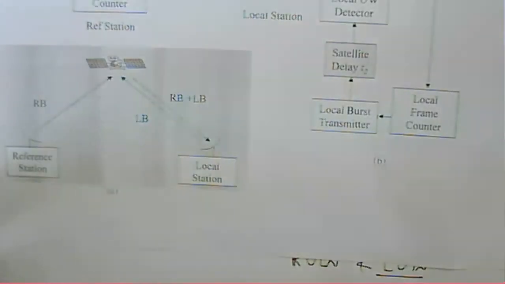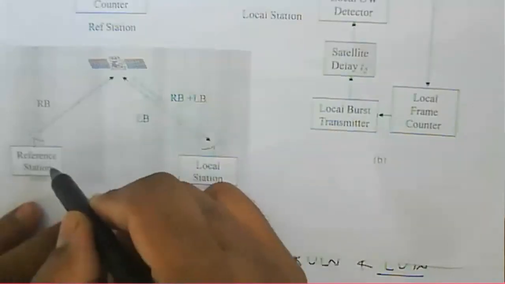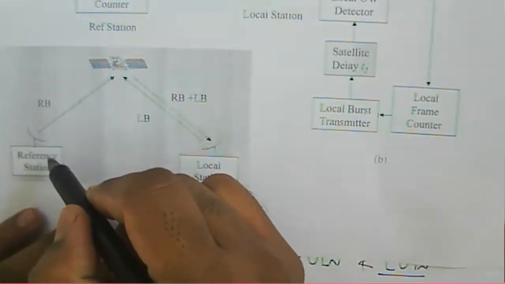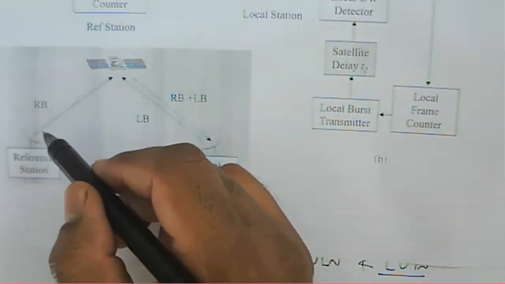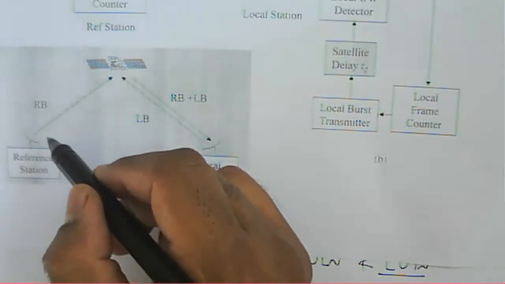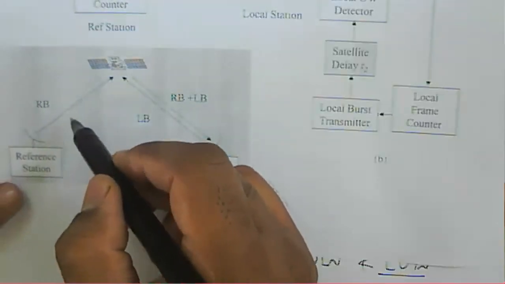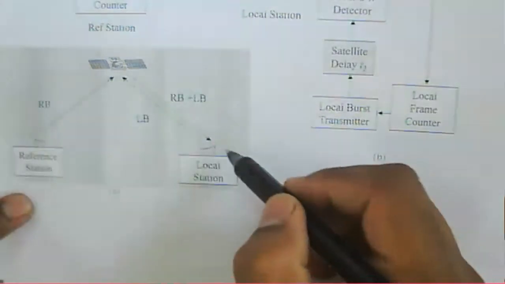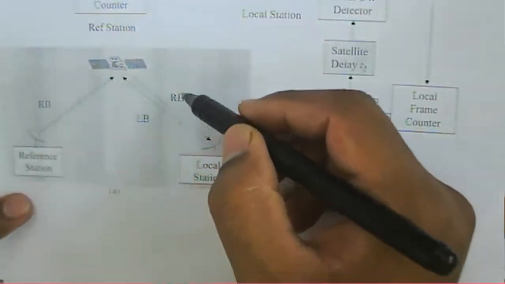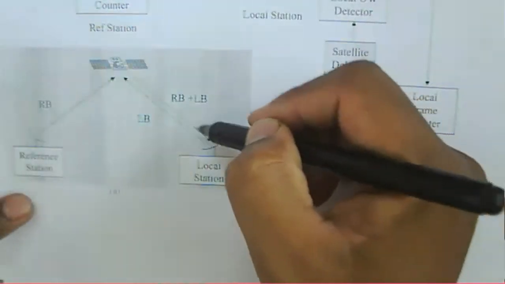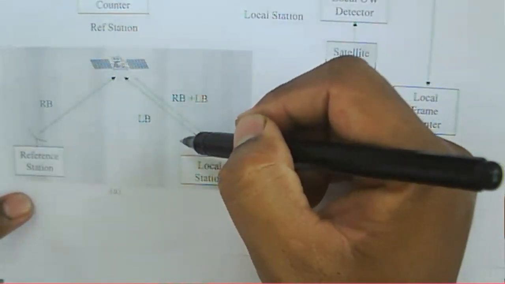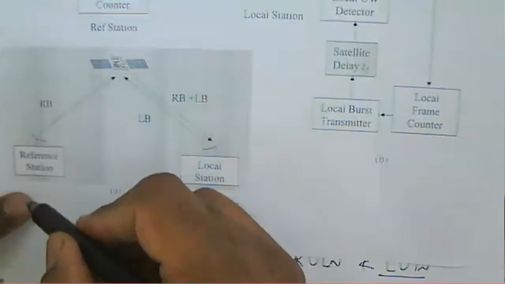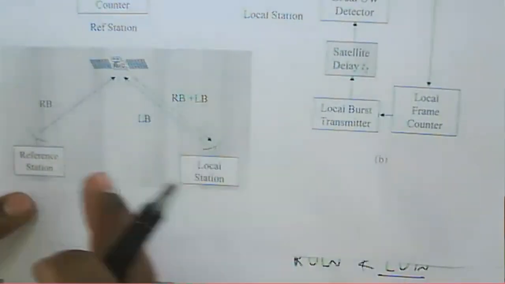Again, now the reference station is here, so the satellite delay is to be obtained from this reference burst, or a local burst is transmitted, and then both are received on the downlink there. There may be a delay difference, because there are two different stations.